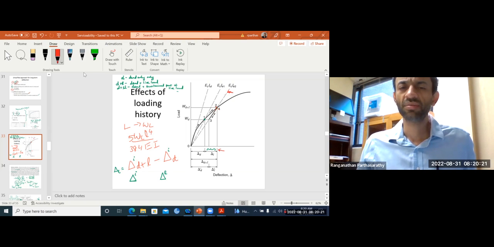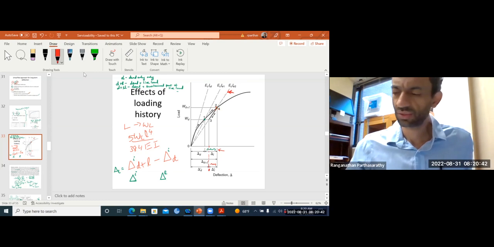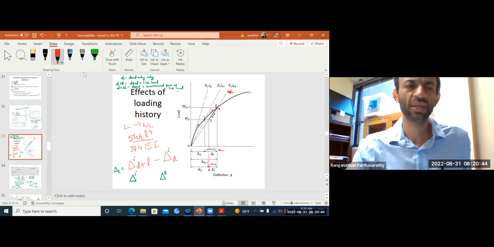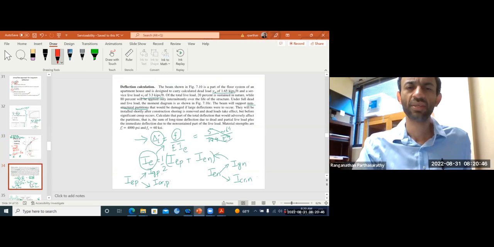Then your WD deflection will be actually at this point, and from beyond that it will go from 3 to 2. So that's your deflection due to dead load. Here everything is linear, just along this particular line. That's the assumption we will be making for this problem.